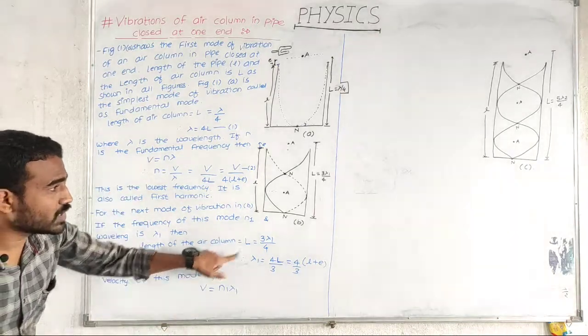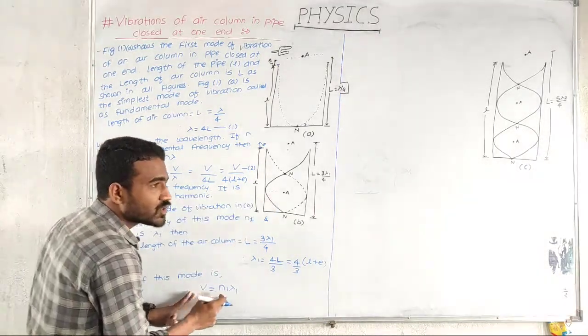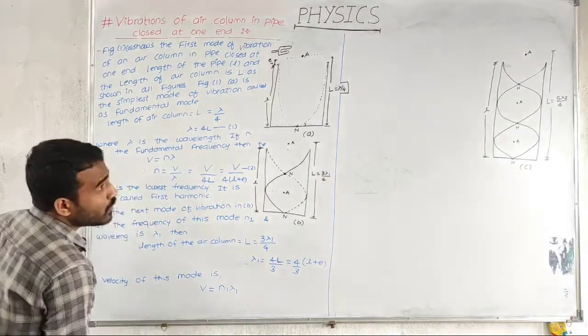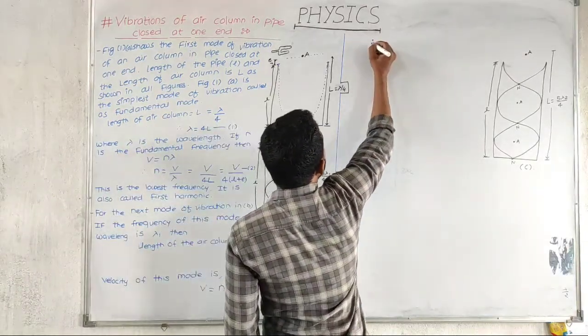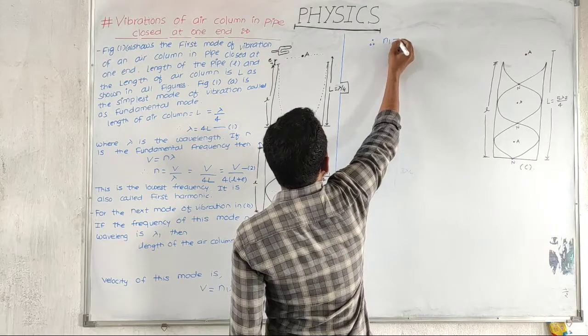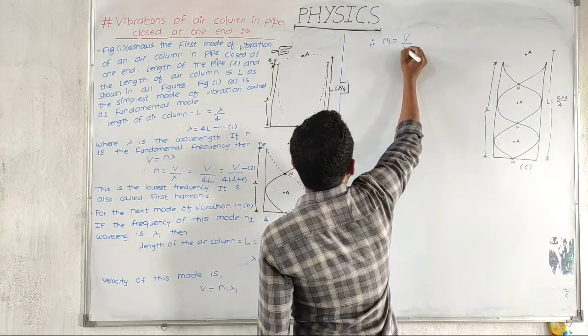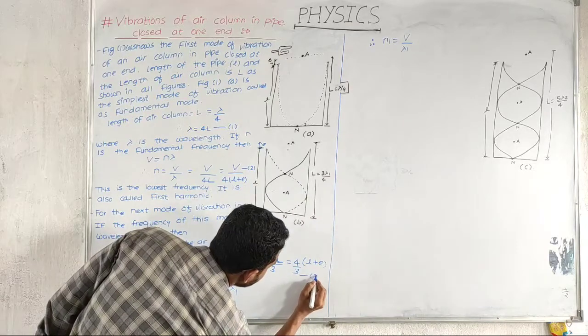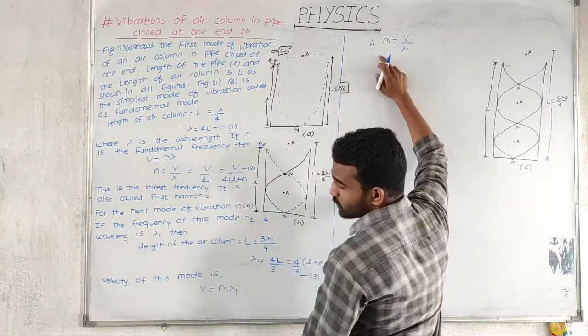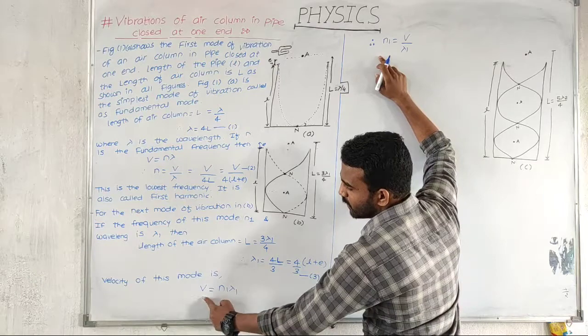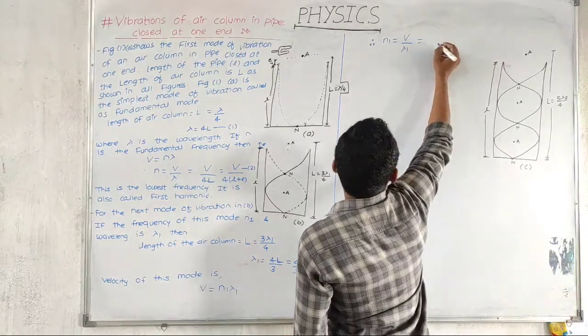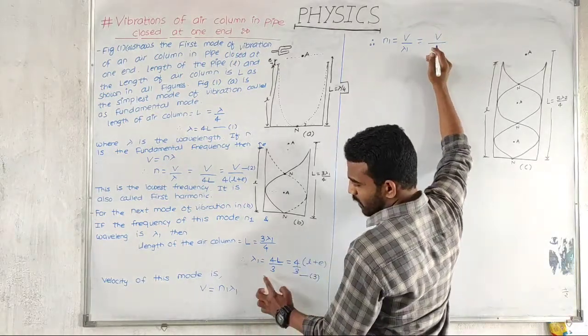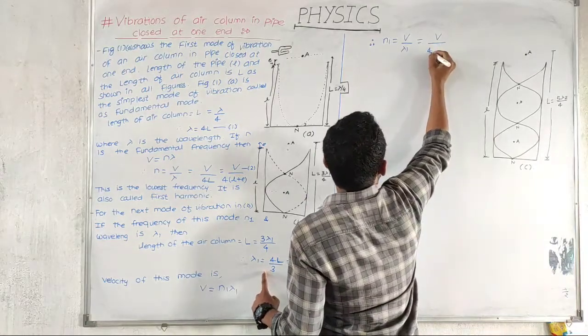Therefore n1 is equal to v divided by lambda 1. Let us consider this is equation number 3. So n1 is equal to v divided by lambda 1, and lambda 1 is 4L upon 3.